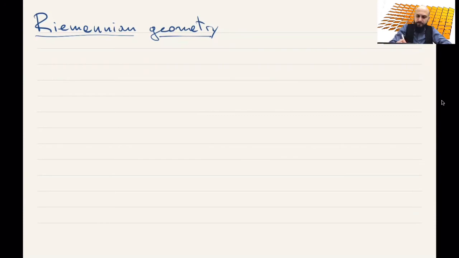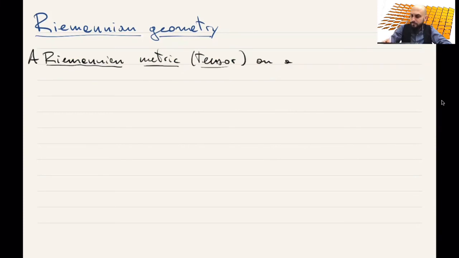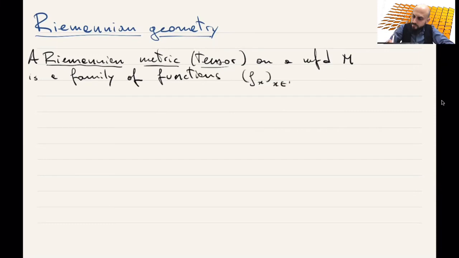A Riemannian metric, or maybe better metric tensor, on a manifold M is a family of, for now we'll just call them functions, denoted by rho of x, where x is in M, such that, first of all, for all x, the function rho of x has domain T_xM times T_xM.